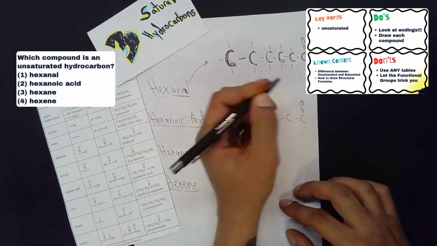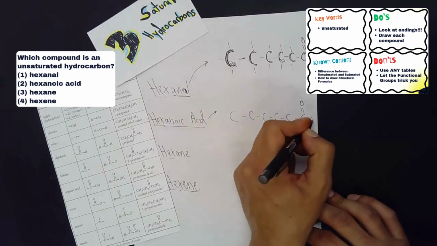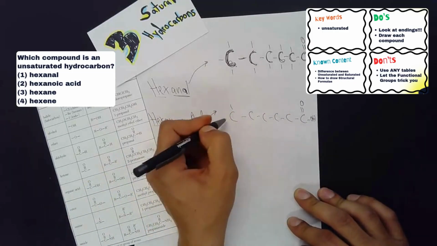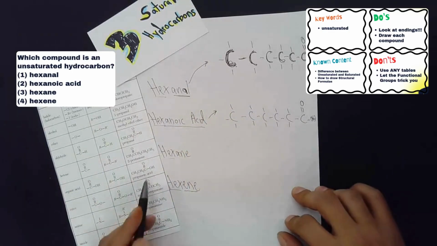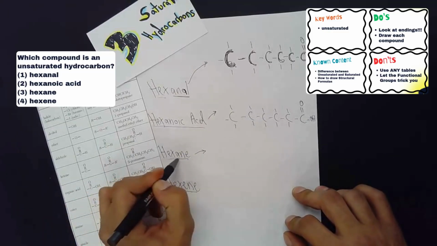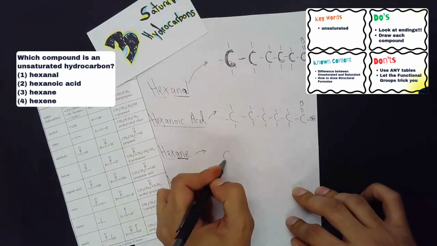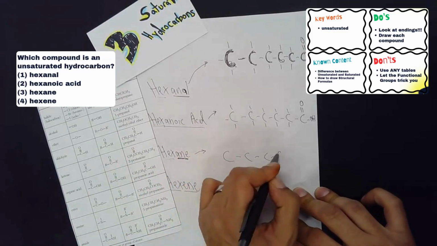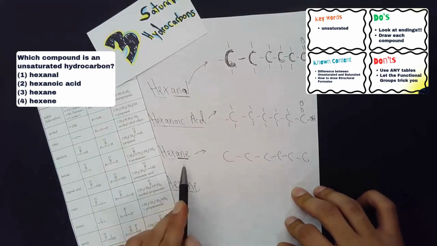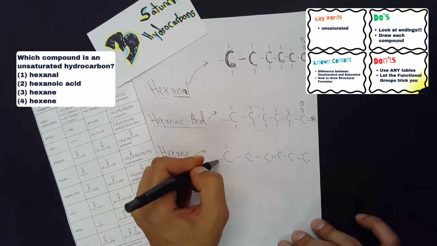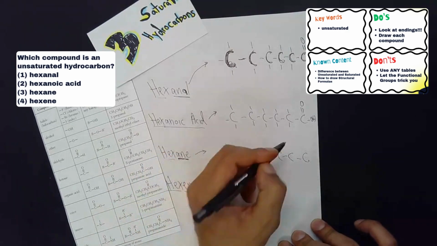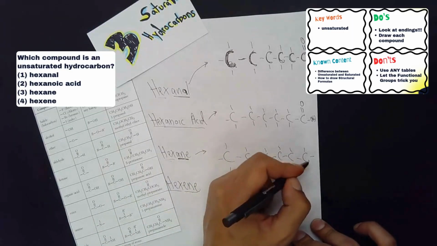So we will add our carbonyl, we will add our hydroxide group, and then we will add the rest of our hydrogens. In our next one, hexane. It's 6 carbons. 1, 2, 3, 4, 5, 6. And they are all single bonds, and it is a saturated hydrocarbon. So we are just going to add our hydrogens.